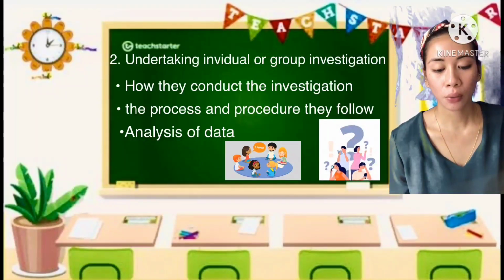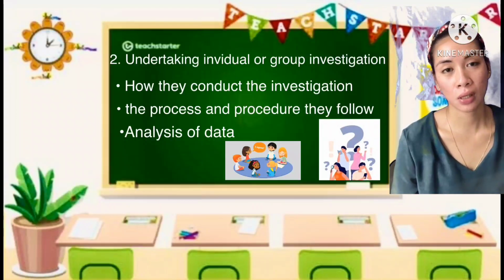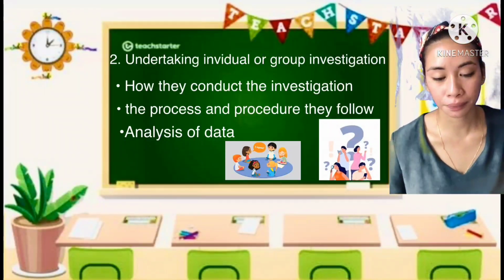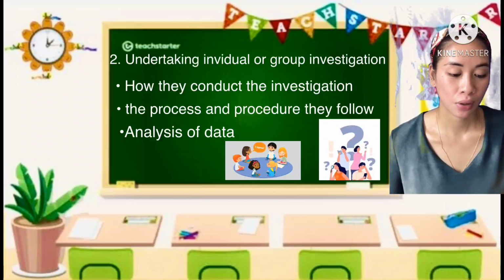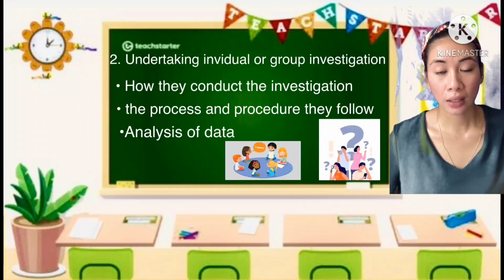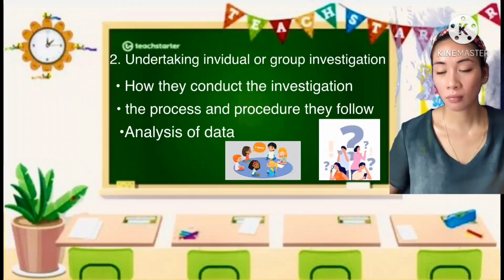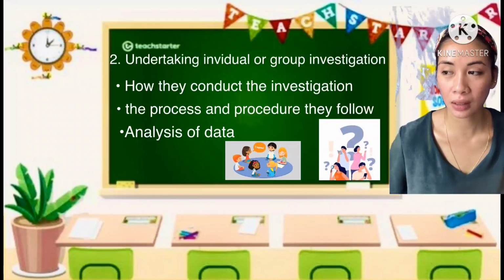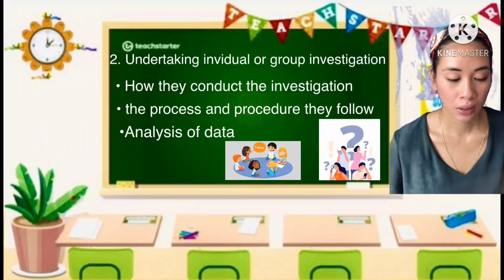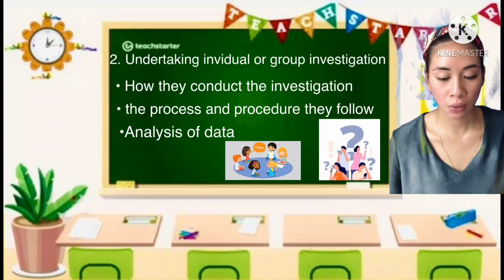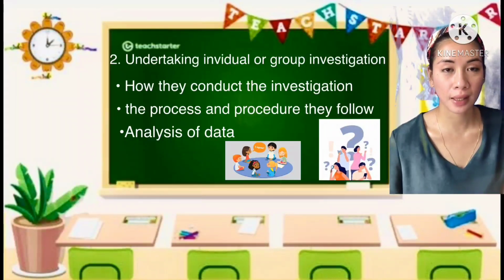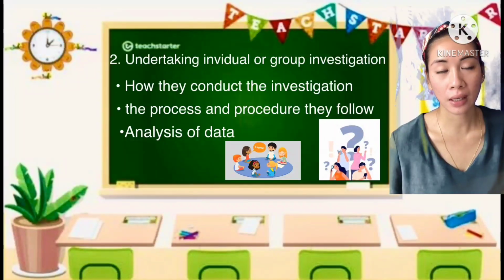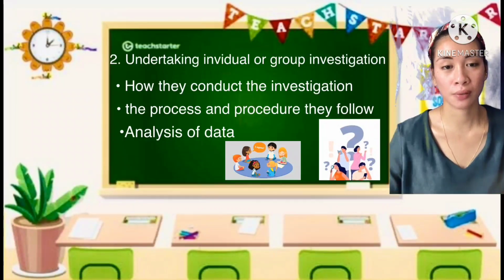To evaluate their work, there are factors that need to be considered in evaluating their investigation. One, how they conduct the investigation, what the process is, what things they follow. Number two, the procedure they follow, analysis of data, and how they arrive at such conclusions.